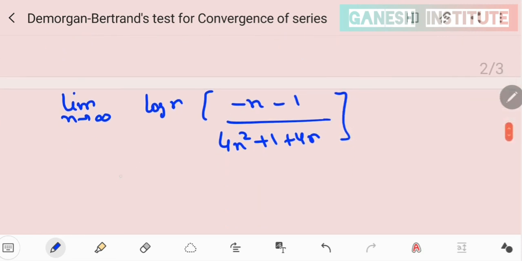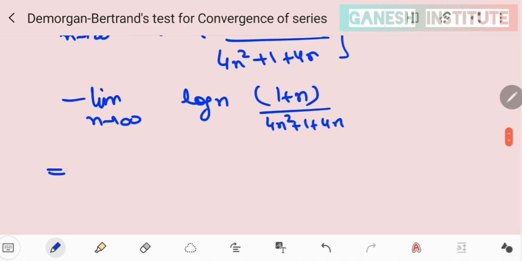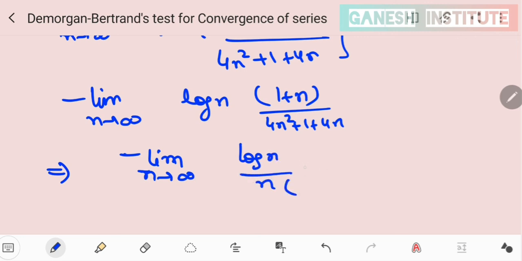So now you can take minus 1 as common. Log n, this is 1 plus n by 4n square plus 1 plus 4n. Now take n common from the denominator. Okay, why I'm doing this, I'm going to tell you. So it will be 4n, then 1 by n, then 4, right? And the rest is as it is.